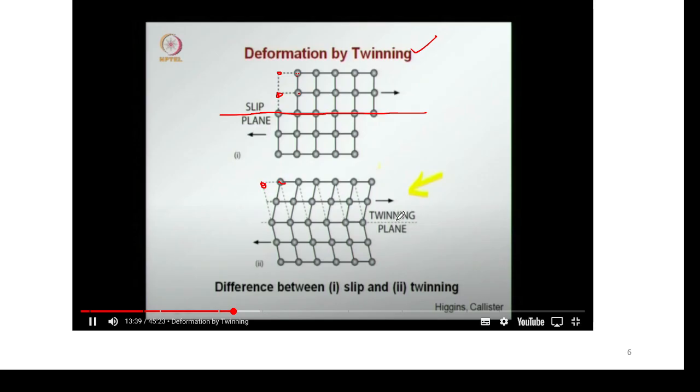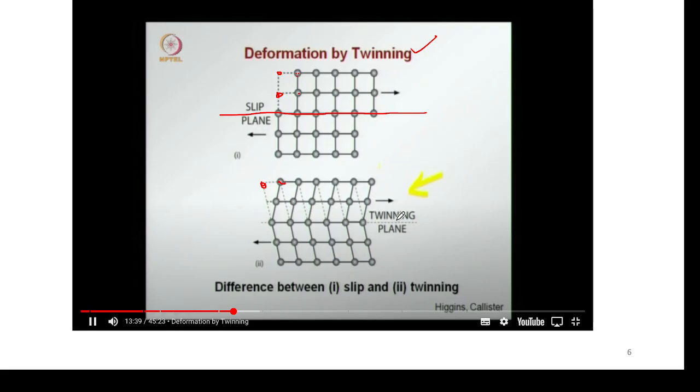Just for perspective, which one of these will require a high amount of energy to occur, slip or twinning in a material? It's easy: just see the amount of displacement required by the atoms. The more displacement is required, the more particles have to be shifted from one place to another, and we require a high amount of energy.